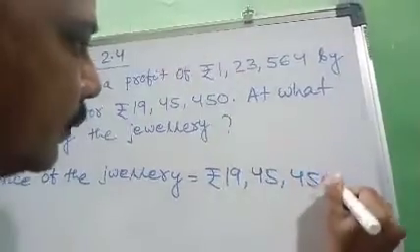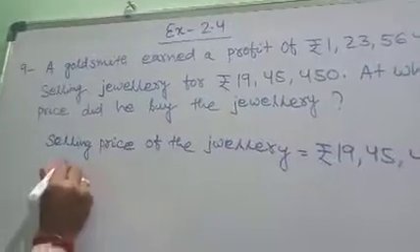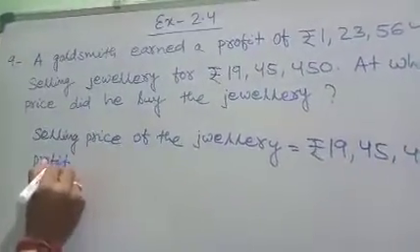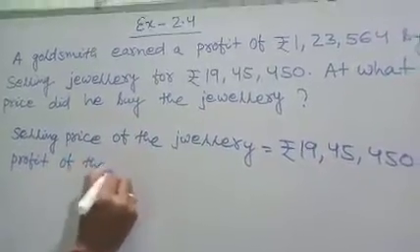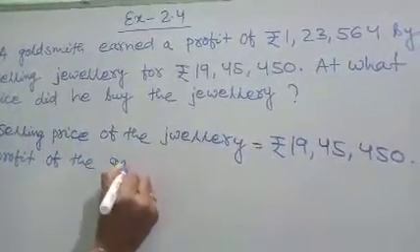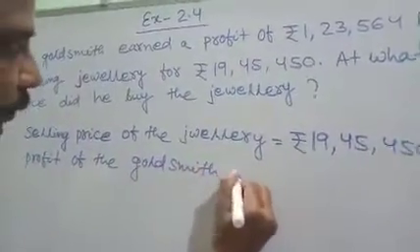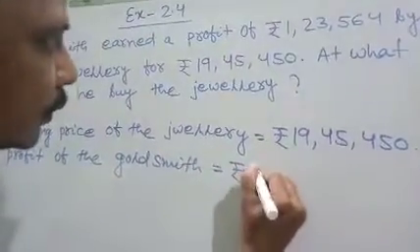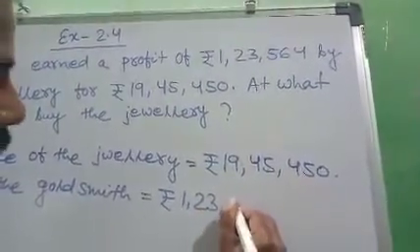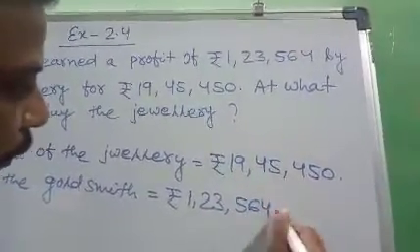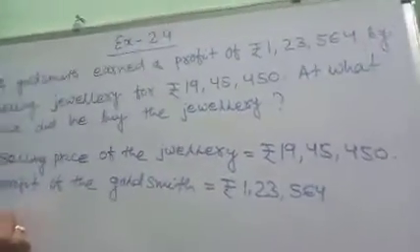Profit of the goldsmith equal to 1,23,564 rupees. We have to find the CP.